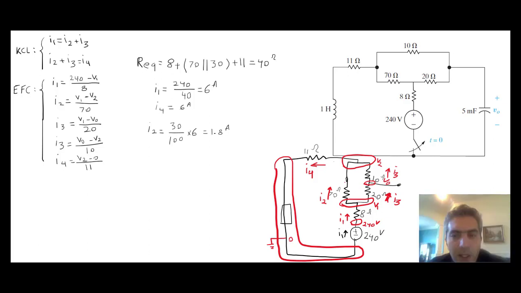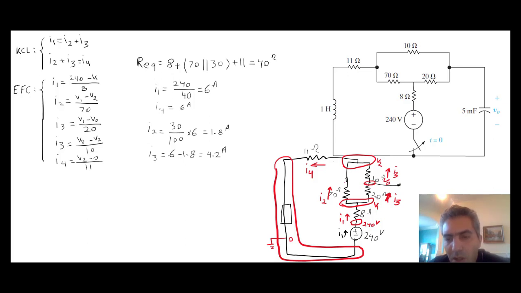And as soon as you have that, the other one is just basically 6 minus 1.8, which is 4.2 amp.